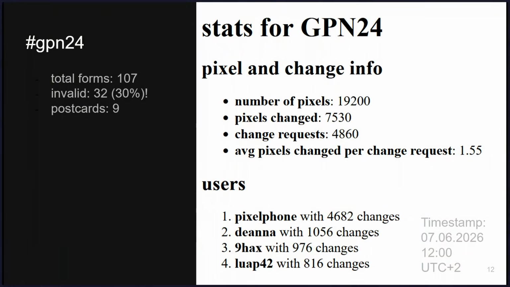We had 107 total forms filled out, 30% of which were invalid. I don't think we checked what the most common reason was. I'm sure it was either wrong color or date, from my intuition, but I don't think we checked. And wrong coordinates. Oh yeah, right. We put the coordinates on the render, right?